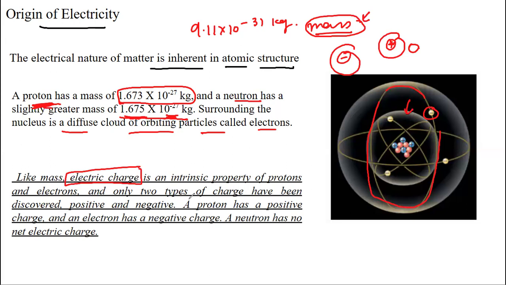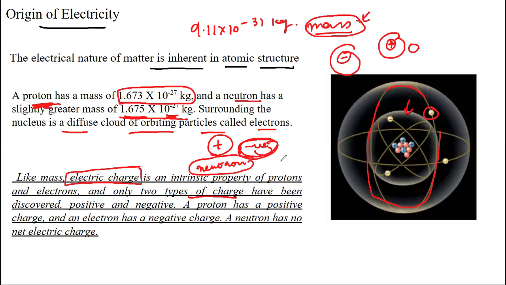So there are two types of charges we can conclude: one is positive and the other one is negative charge. A proton carries the positive charge and the electron has the negative charge. And neutron has no charge. So here we discussed the atomic structure and the charges.